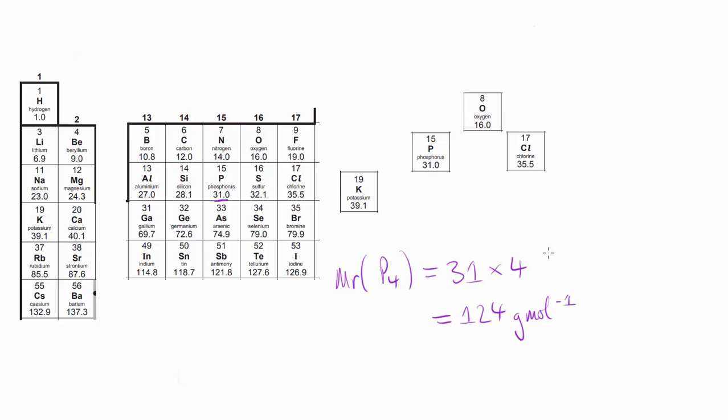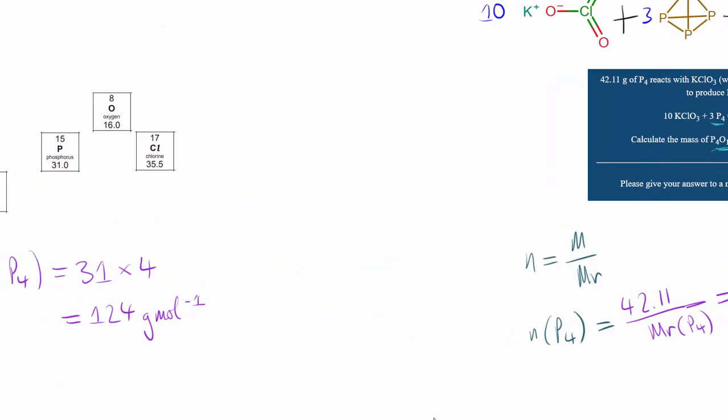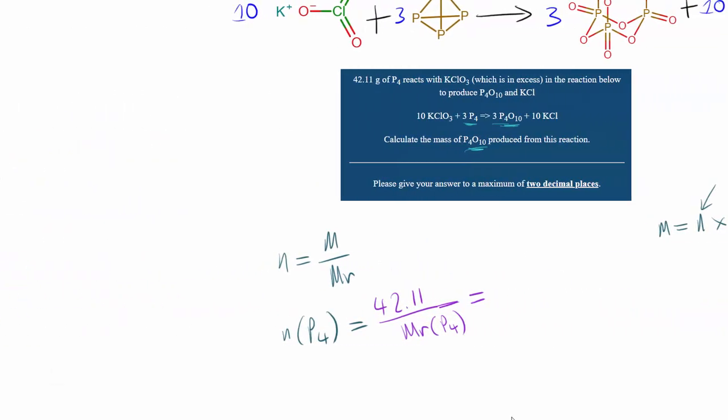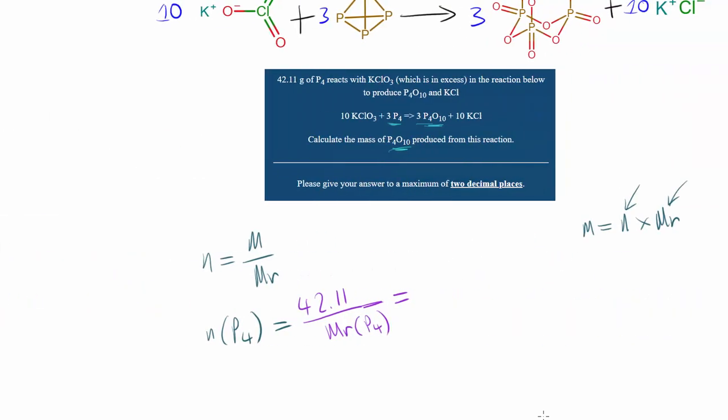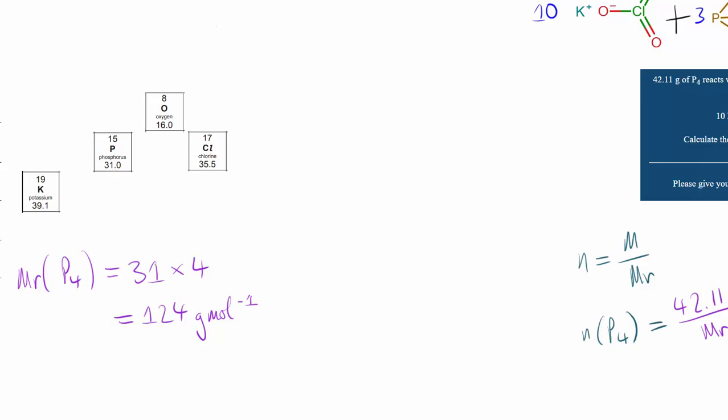Okay. Let's just move on, so let's do this part first. So 124, let's plug this in effectively. So 42.11, and we know now that the MR of P4 is 124, right?